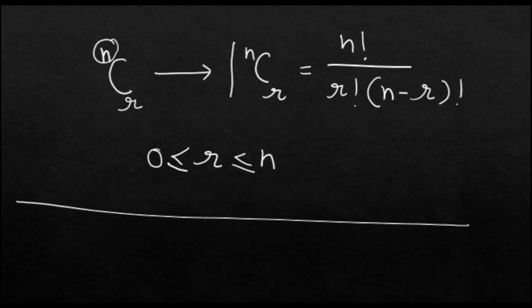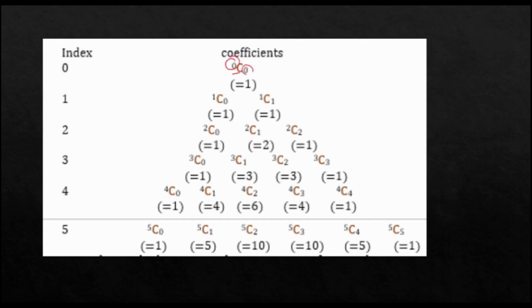We are going to use this term in Pascal's triangle, where n is a non-negative integer: nCr for index 0. The index number will be the same, but r changes. For index 2, r starts from 0 and goes till 2, and the rows go on.